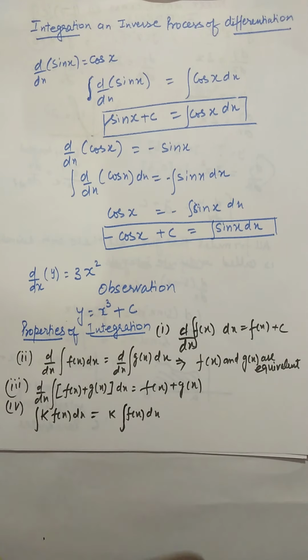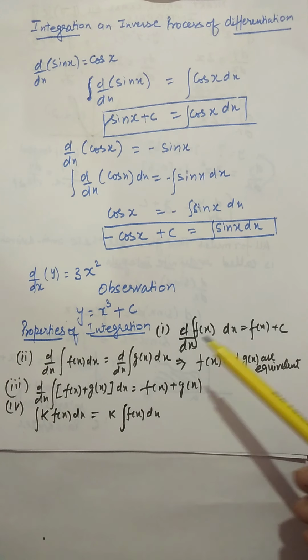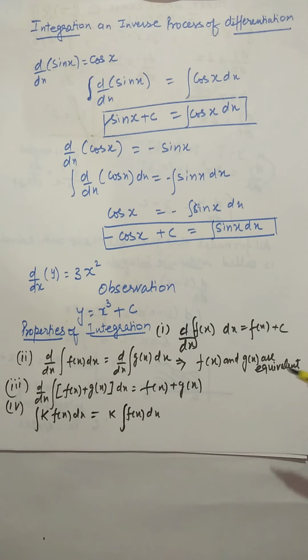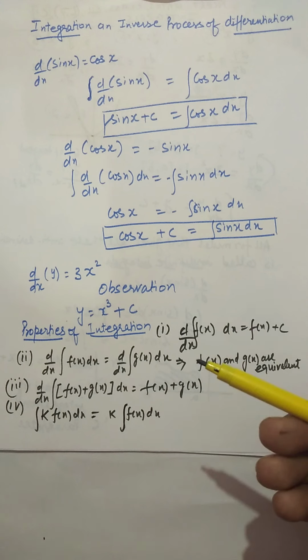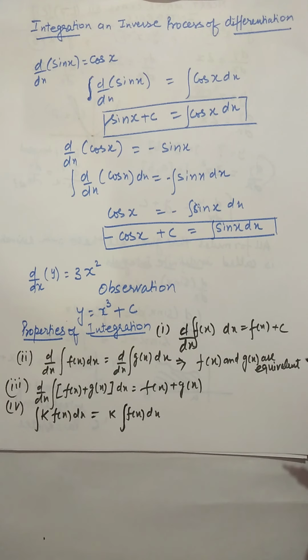There are some properties of integration. The first property is the integral of the derivative of f(x) dx is equal to f(x) plus c. So this c is the constant. Previously we have also discussed, this is the parameter or the constant of integration.